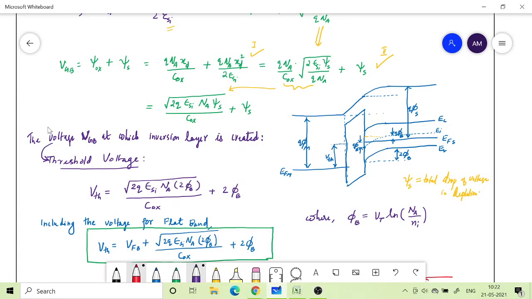So if I rewrite that equation, the number of electrons in a semiconductor is given by Ni, the intrinsic concentration, into e raised to EF minus EI by kT, right?